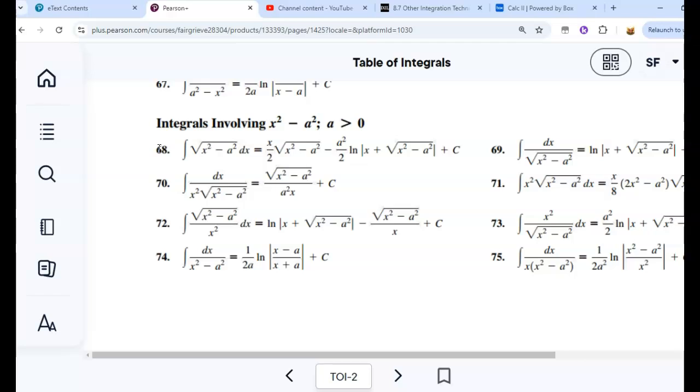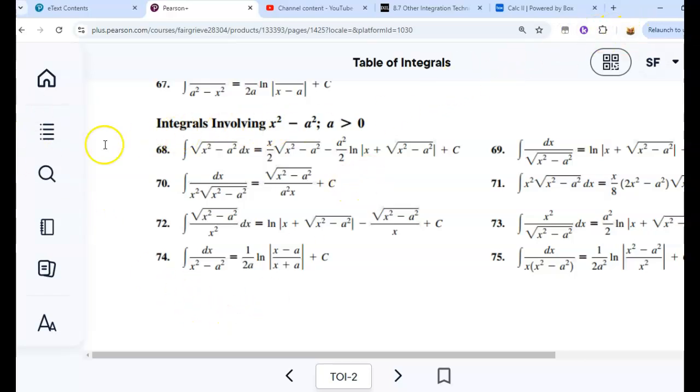It says the integral of the square root of x squared minus a squared dx is equal to x over 2 square root of x squared minus a squared, minus a squared over 2 times the ln of the absolute value of x plus the square root of x squared minus a squared, plus a constant.